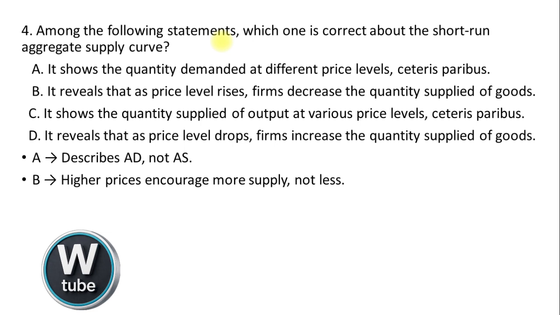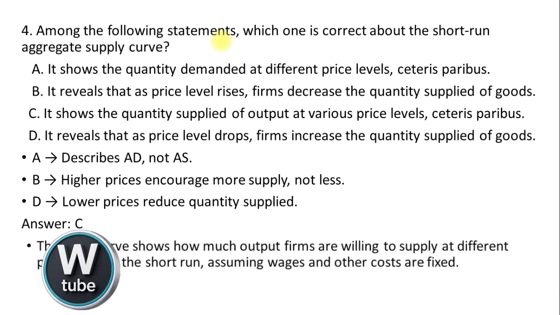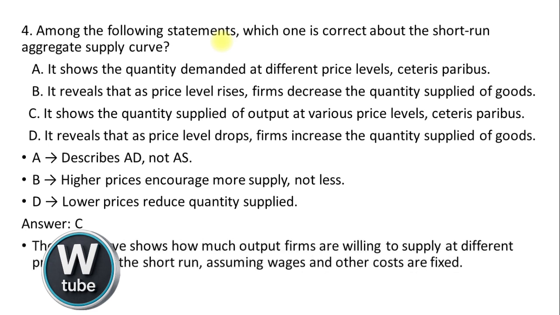D, revealing that as price level drops, firms increase the quantity supplied of goods, is not the answer. C is the correct answer. Why? The short-run aggregate supply curve shows how much output firms are willing to supply at different price levels in the short run, assuming wages and other costs are fixed.